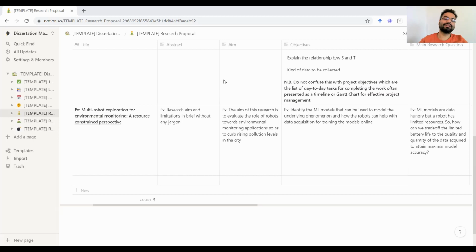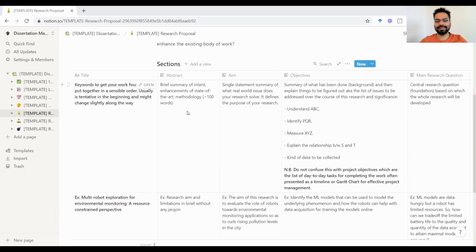As you can see, the keywords here are multi-robot, exploration, environment monitoring, and the contribution that I made was to look at a novel perspective, which was a resource-constrained perspective. So this title has a collection of keywords that I want people to search for if they were to search for my work.